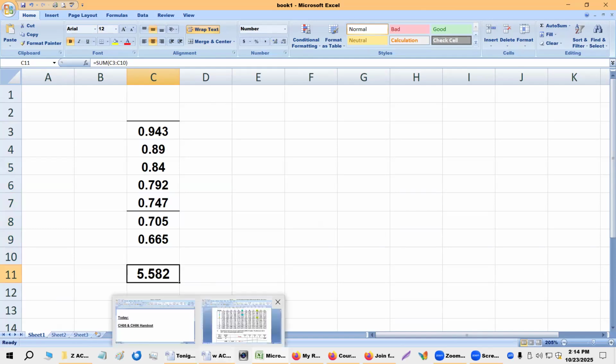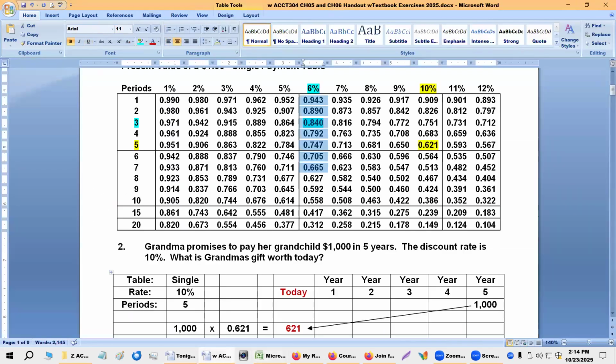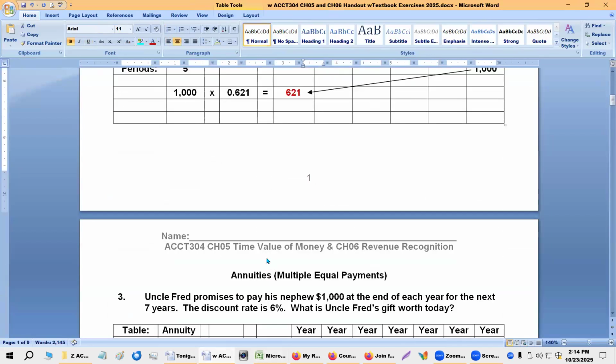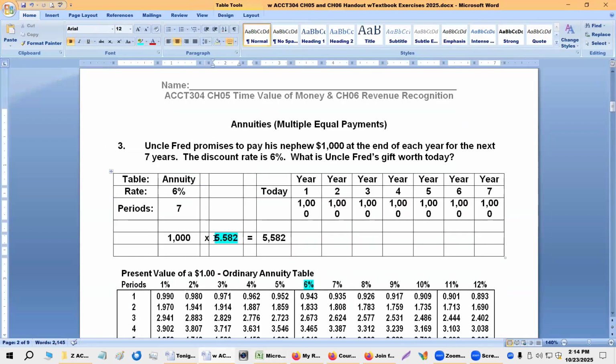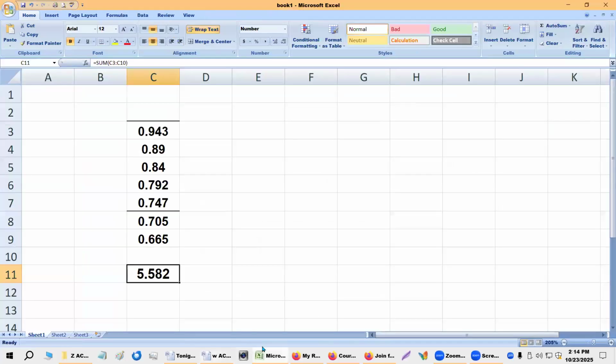Is that what we had? I think that's what we had, isn't it? Yeah, 5.582. So if you're wondering where that 5.582 comes from, it's simply taking all those.